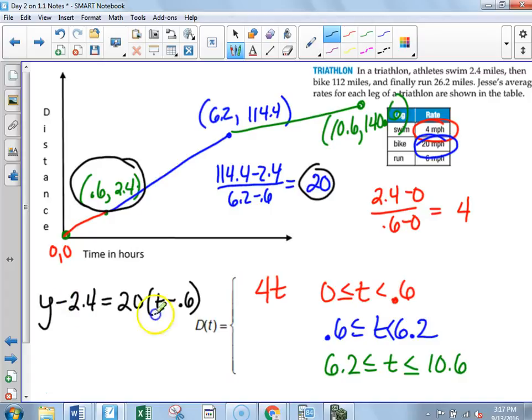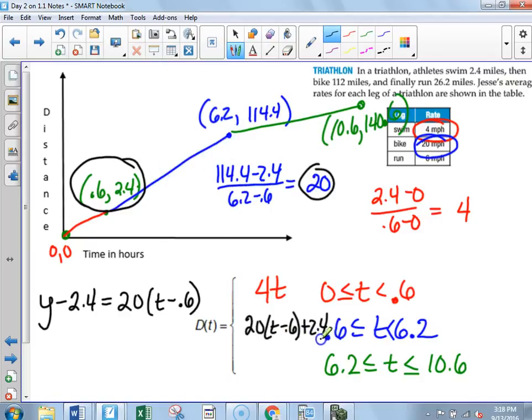If I were to add the 2.4 onto the end, I'm not going to bother to distribute, guys. Because look at this equation. We're going to talk about parent functions soon. Doesn't this mean it shifted to the right 0.6? Remember that when you had the parabola thing? And up 2.4. Is that what we did? We took this blue line and we shifted it to the right 0.6 and up 2.4.